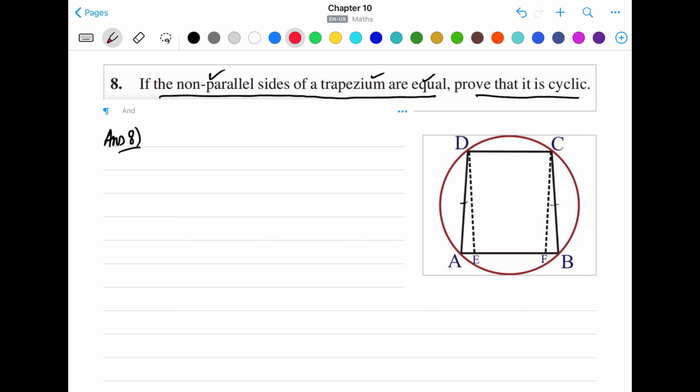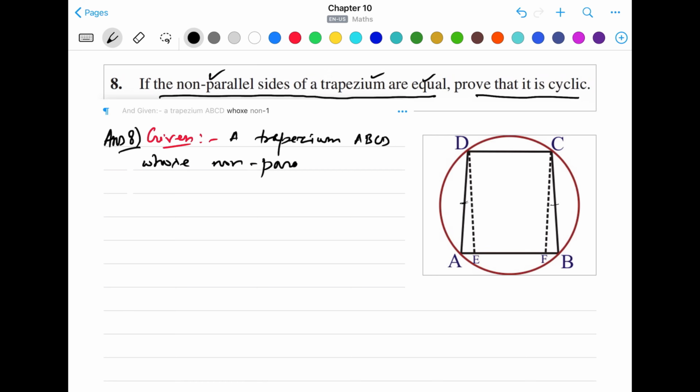Number 8. First we will write the given part. Given is a trapezium, let's say ABCD, whose non-parallel sides are equal, that is, we have DA and CB equal.